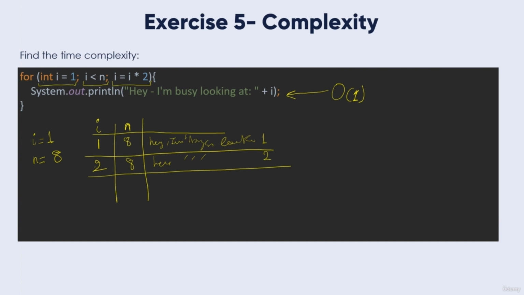So the new value of i is 2 times 2, which is 4. n is equal to 8. 4 less than 8? Yes. So go and execute what is inside the loop, with i equal to 4.